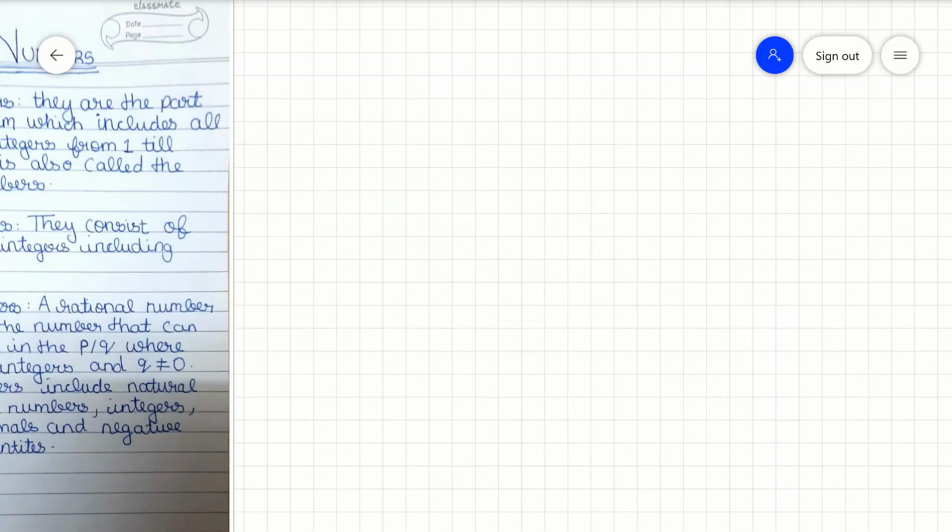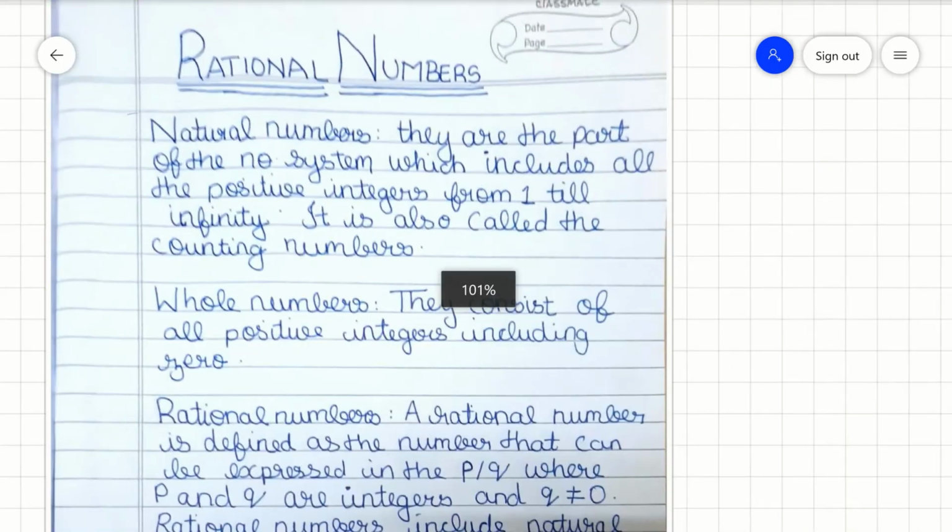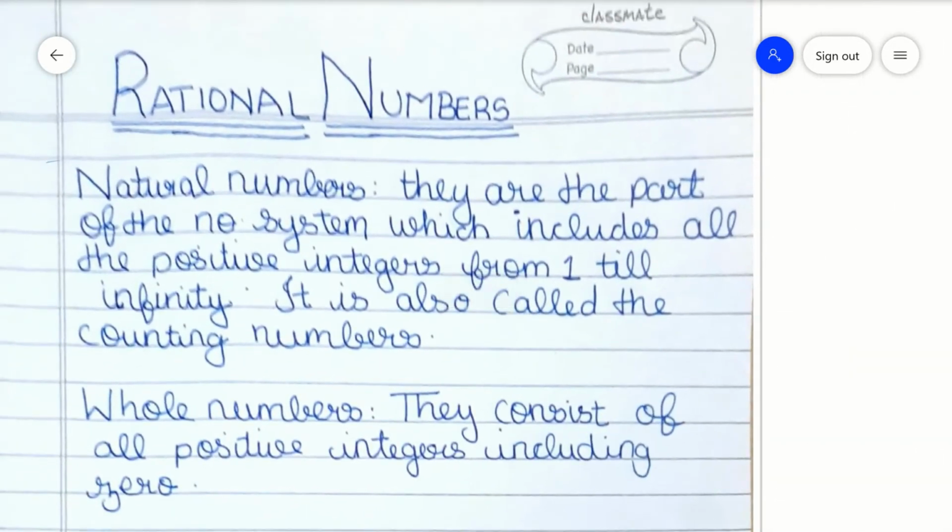So let's see the definition of these whole numbers and natural numbers. Natural numbers are the part of the number system which includes all the positive integers from 1 till infinite. It is also called the counting numbers. Whole numbers consist of all positive integers including 0.